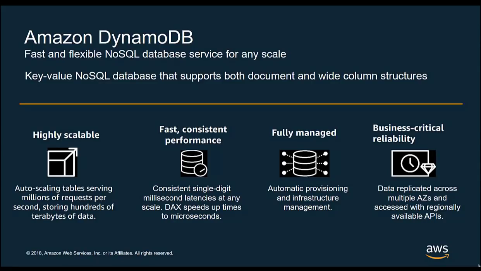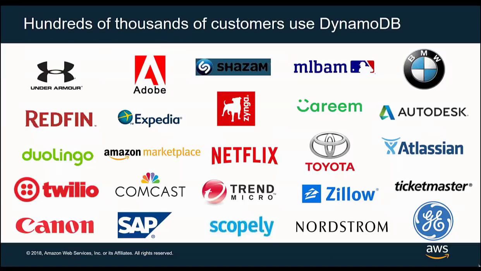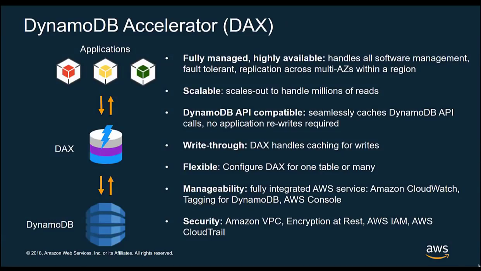And so if you've decided that you need a key value store or document store, or you're looking for a NoSQL database and you choose DynamoDB, like this sampling of hundreds of thousands of other customers that use DynamoDB, some of them you likely recognize, then the DynamoDB Accelerator, or what we call DAX, would be the caching mechanism that you would use here.